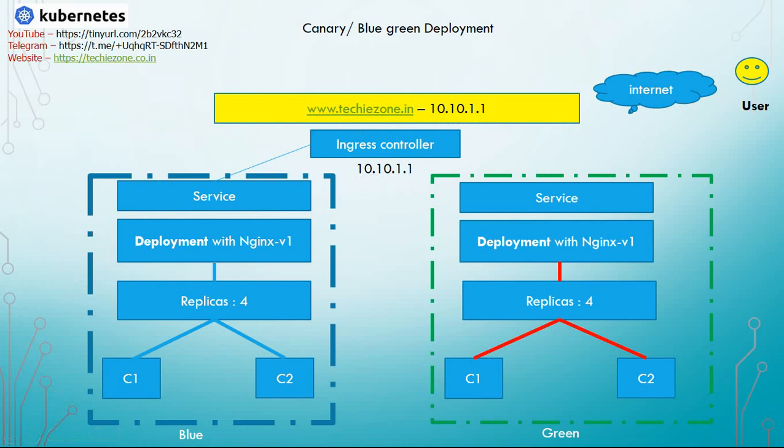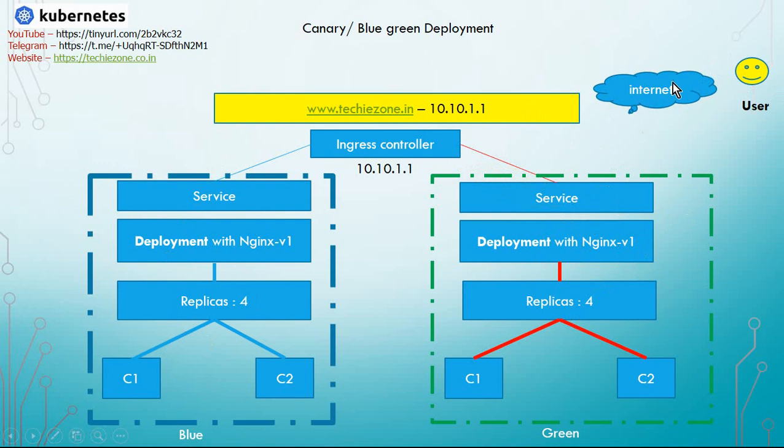So at the time of update, your users from the internet can access the environment which is the production. In the test one, you can deploy and test from the inside. Once you have tested that it has been updated with version 2, you can change the ingress controller so that it moves to 2.